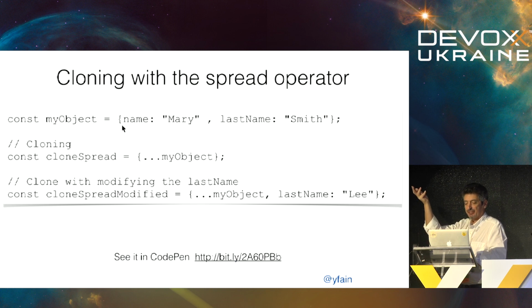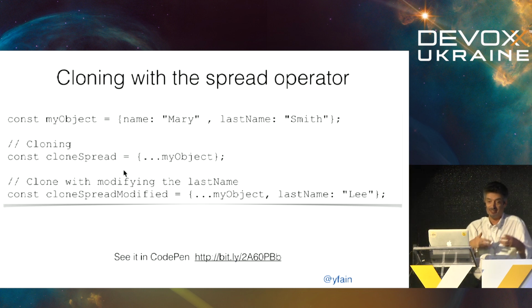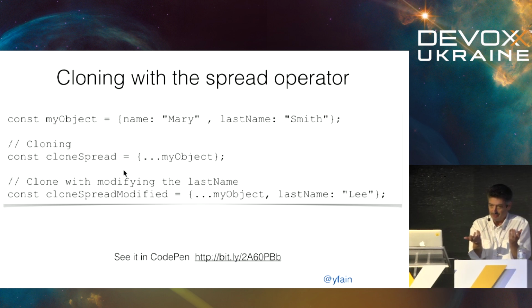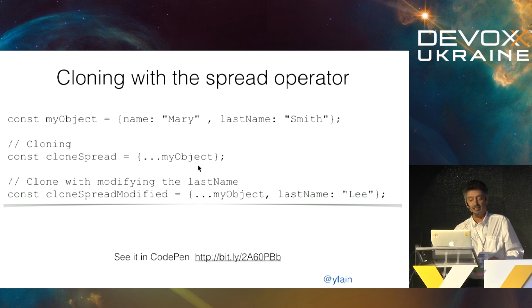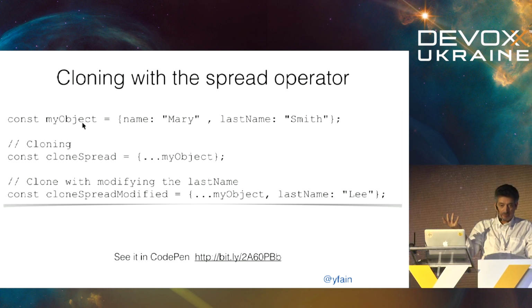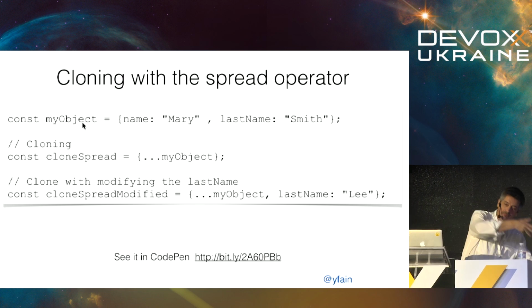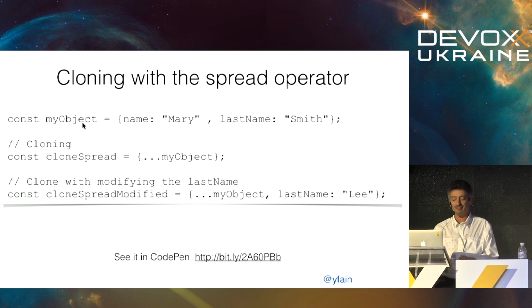So that's an instance of the object with two properties. What if I want to clone it? Look at this. I put curly braces, means create for me an instance of a new object, right? And then I say, take the object that I already have, this one, spread it apart, extract all the properties, and put them there. So this creates a clone.